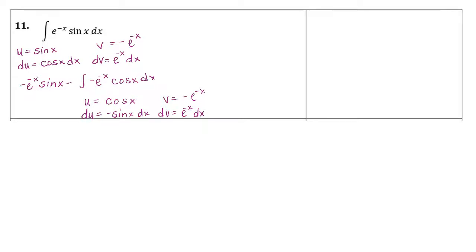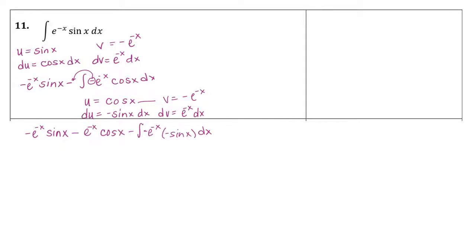And so we're moving all this stuff down. We have negative e to the negative x sine x. I am moving that negative out, so that's going to be plus. And then we have uv. So, well, I guess that plus needs to go to a negative, doesn't it? Because uv, so that's going to be e to the negative x cosine x minus the integral of v du, which is going to be negative sine x dx.